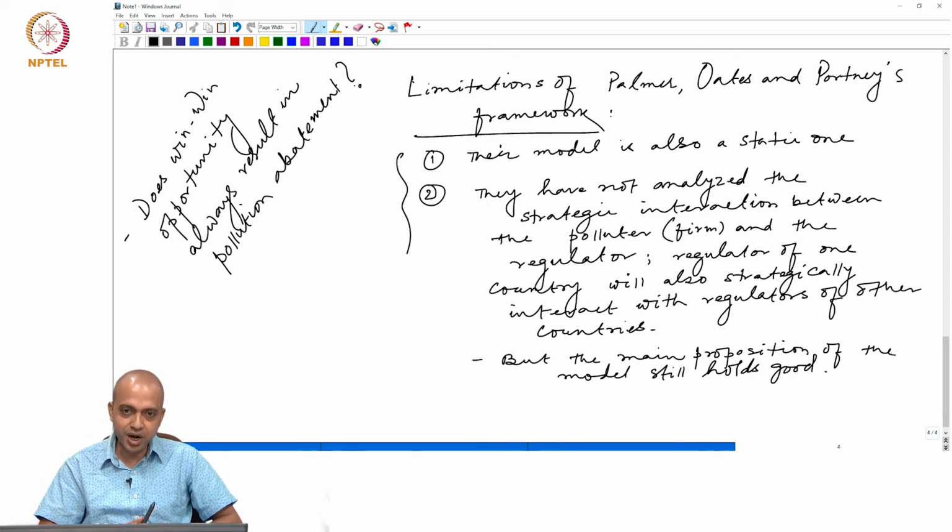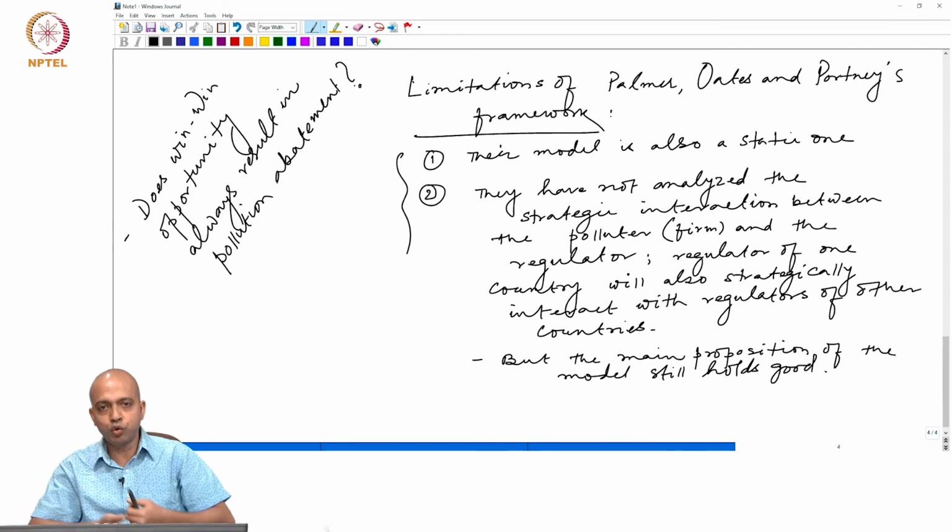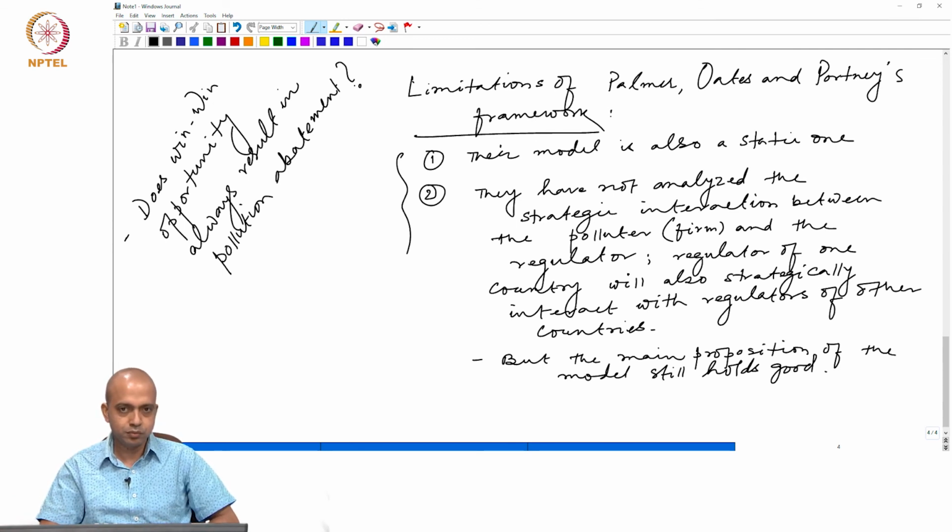It will help us understand the cost of complying with the regulation. So, we showed that if such cost of compliance is higher, then that may not always lead to pollution abatement. Rather, the firm will try to bypass the regulation and produce even more output. Of course, they will become efficient, but they will avoid the regulation.